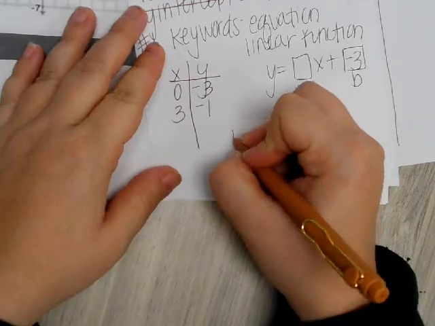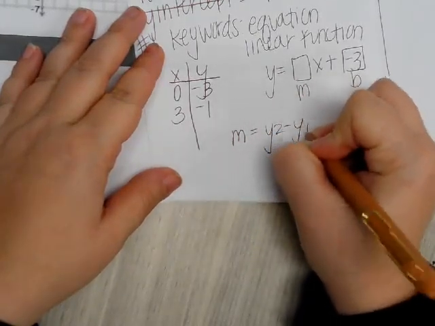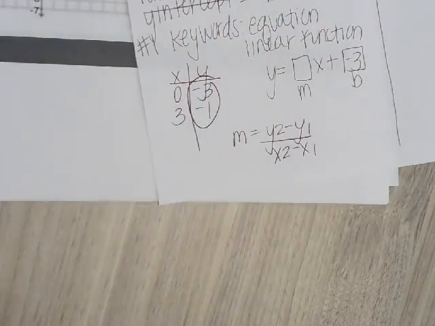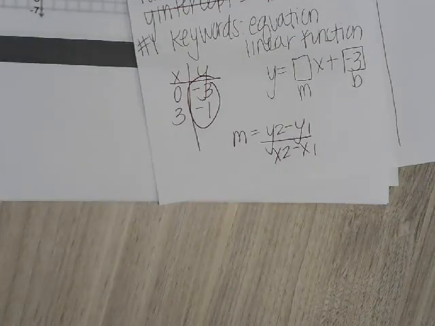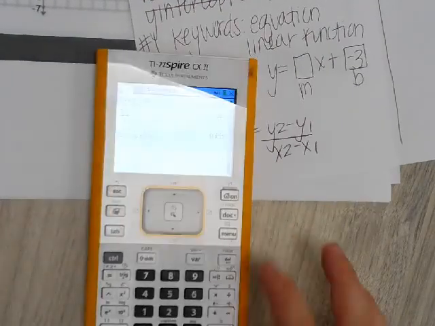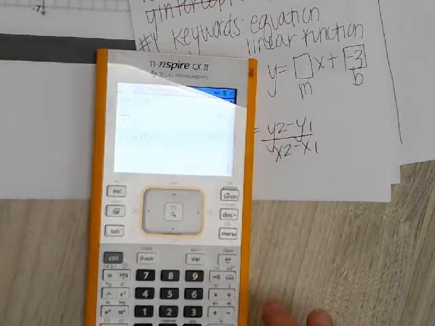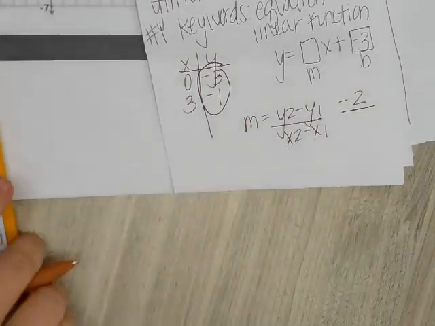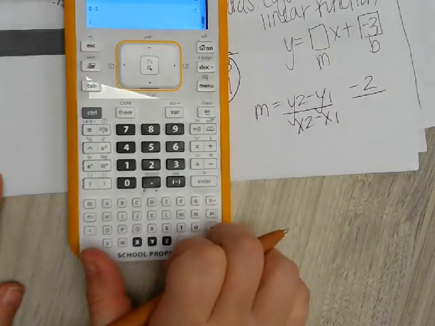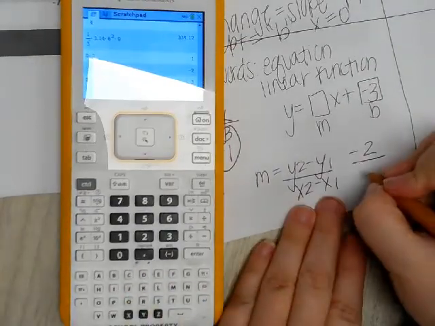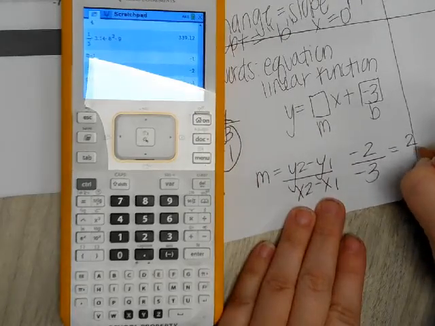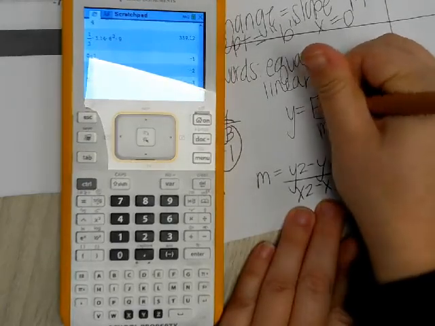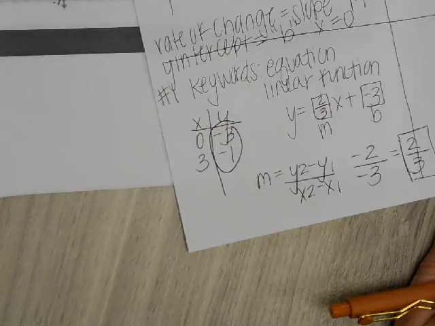So that's m equals y2 minus y1 over x2 minus x1. Do that one first. -3 minus -1 is -2. 0 minus 3 is -3. So my slope should be 2 over 3 because I had negative and negative. So this should be my equation.